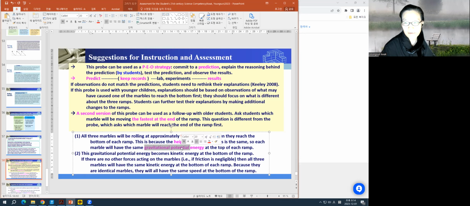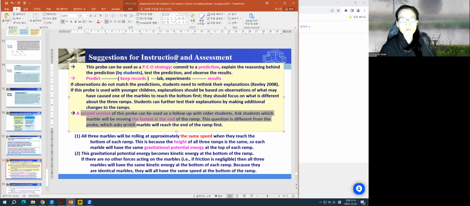So they have the same speed when they reach the bottom of the ramp. If we want to use this probe, what could be different?